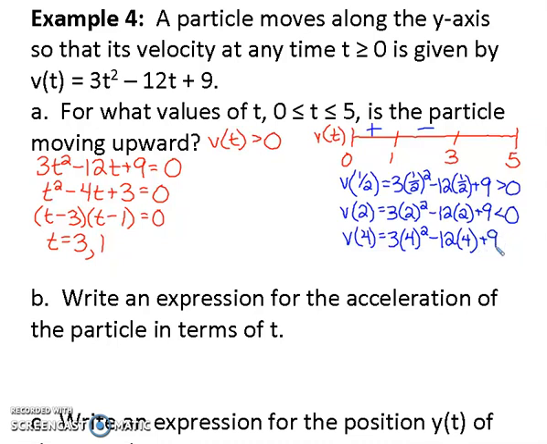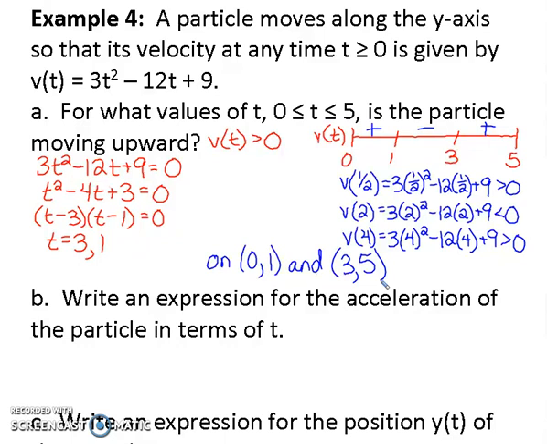So we've got 48 minus 48 is 0 plus 9 is going to give us a positive number. So it's going to be moving upward in those intervals where I put plus signs. So on the intervals from 0 to 1 and from 3 to 5. If they had asked us for when is it moving downward, then our answer would be from 1 to 3.